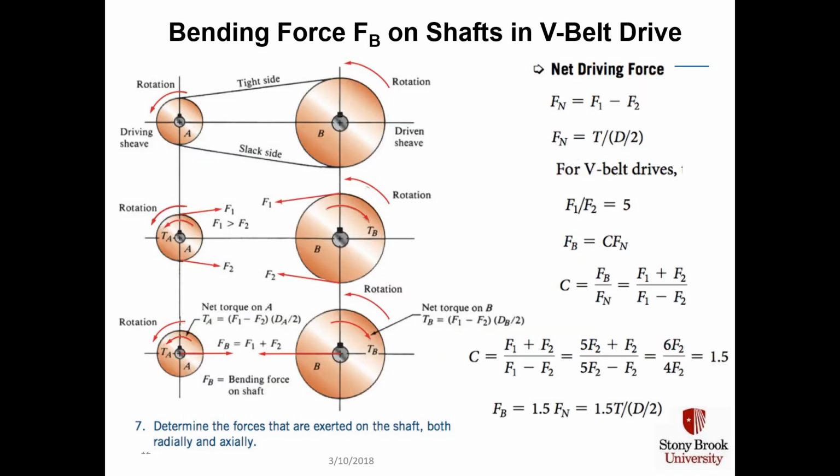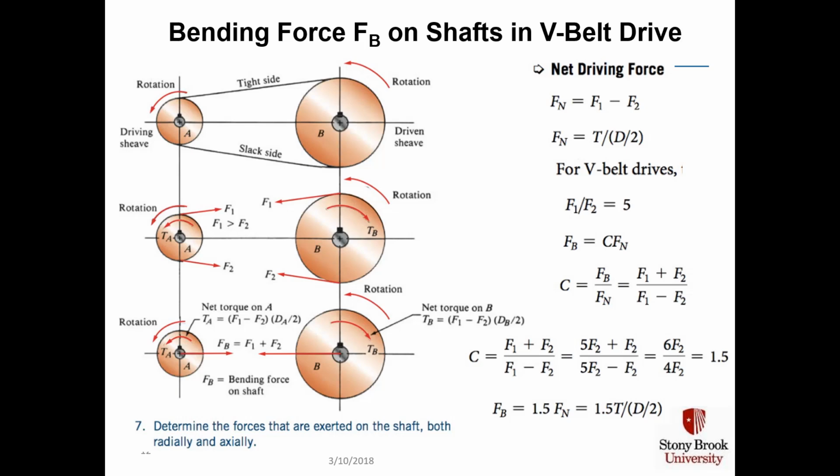Now if we have a V-belt drive, it's actually a little more complicated. If you go through the different force equations for the tight side and the slack side of the shaft, those equations are shown here on the right.